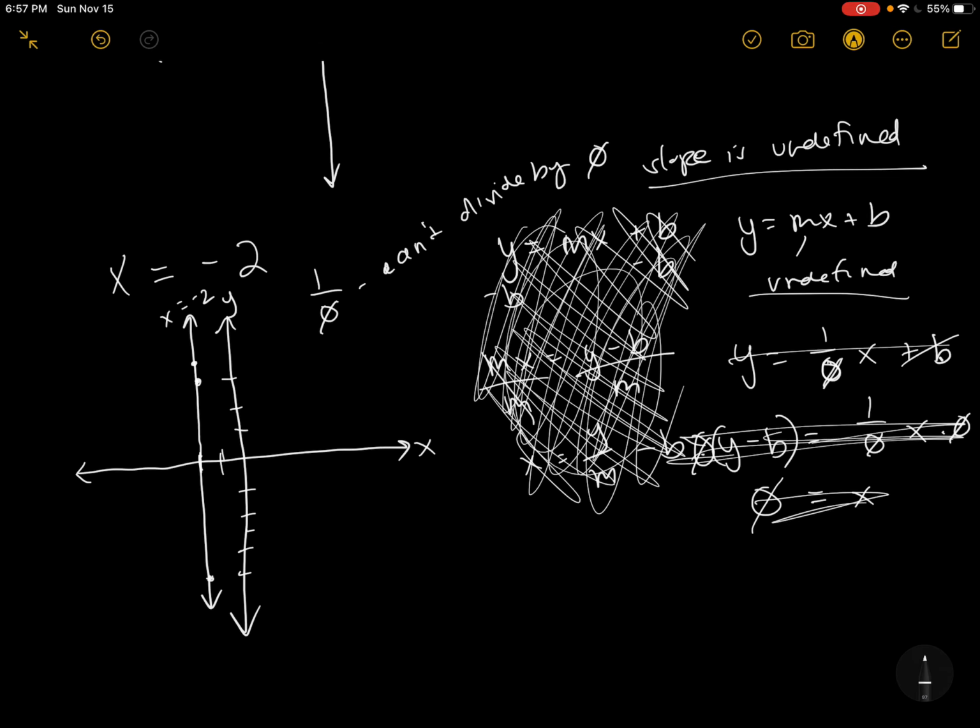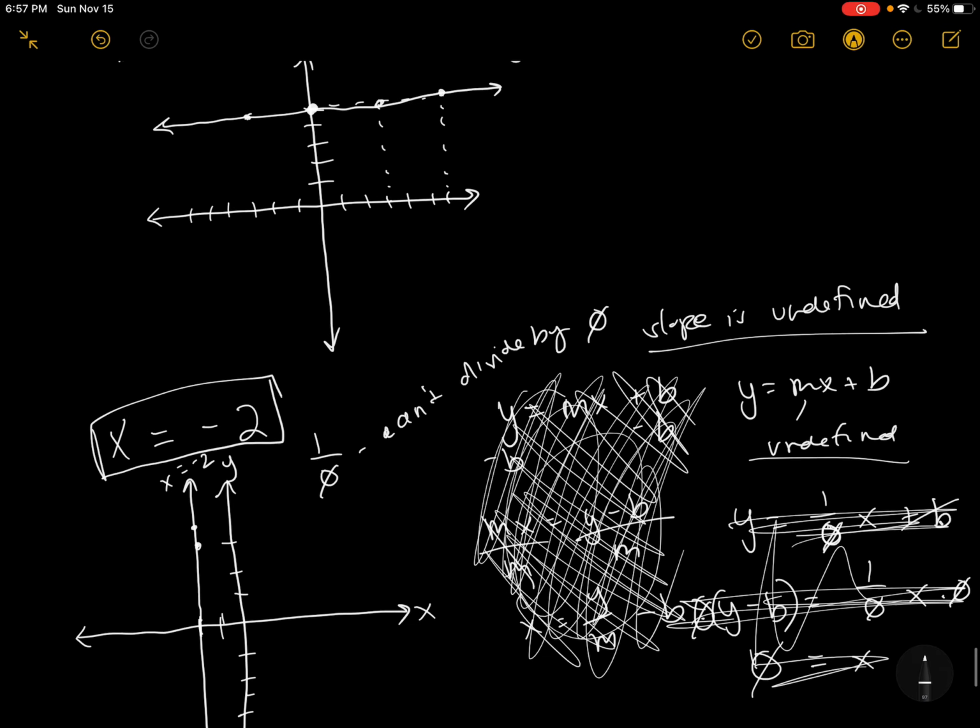Right, so you get a really weird undefined thing because you can't actually divide by 0, so that's why there's no nice equation in slope-intercept form. So it's really just about thinking in terms of x is -2 no matter what. It doesn't matter what y is, and you're going to get that vertical line.